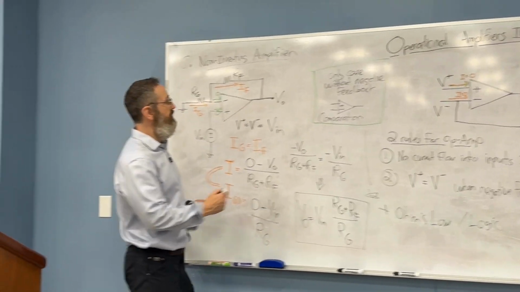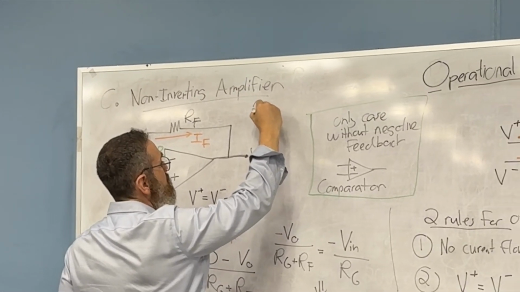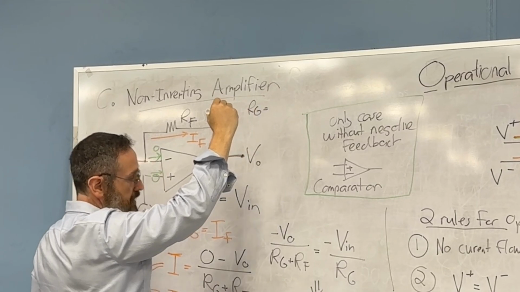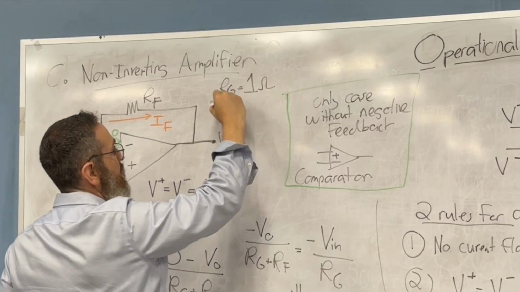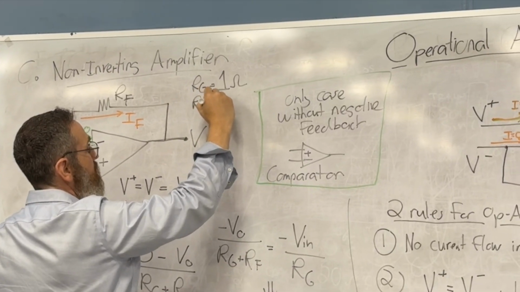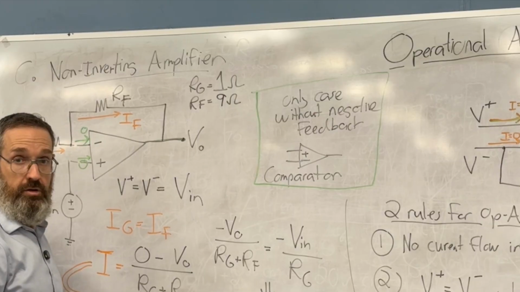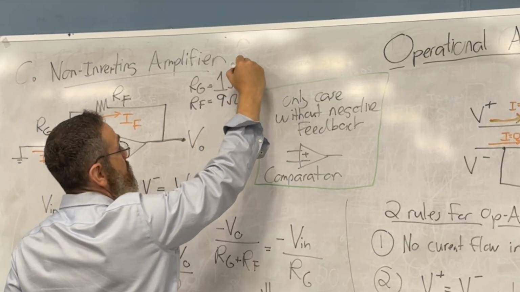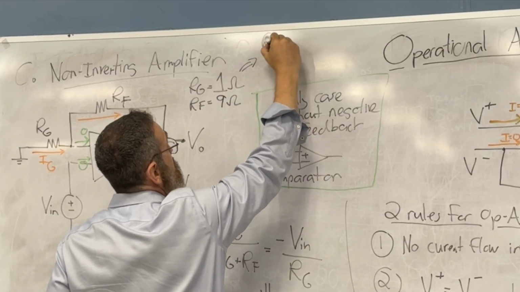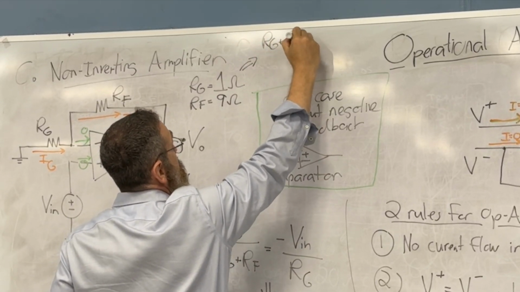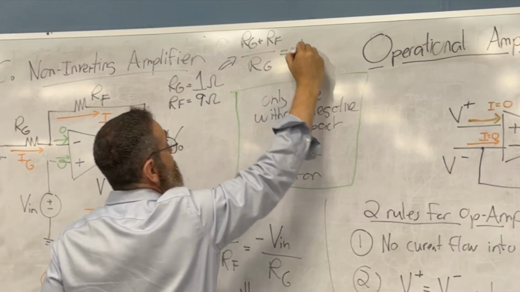Well, if R sub G was equal to 1 ohm and R sub F was equal to 9 ohms, right? Then we would see that R sub G plus R sub F over R sub G is equal to 10.